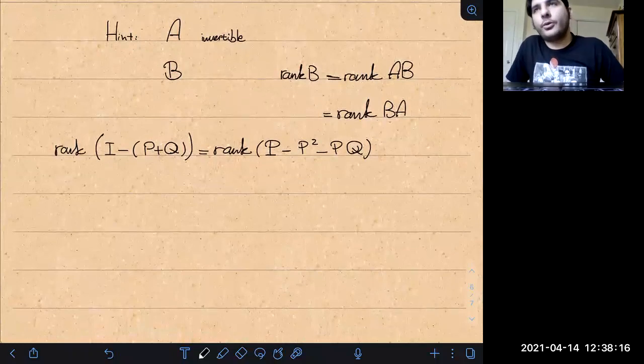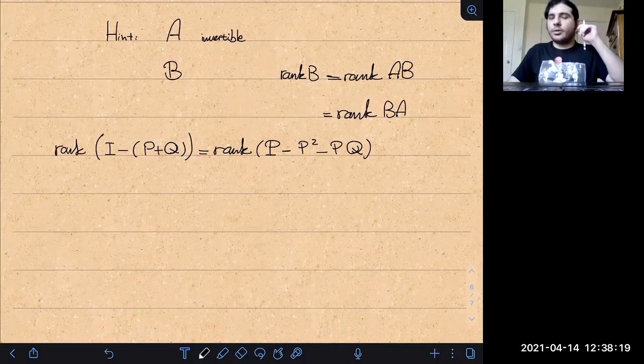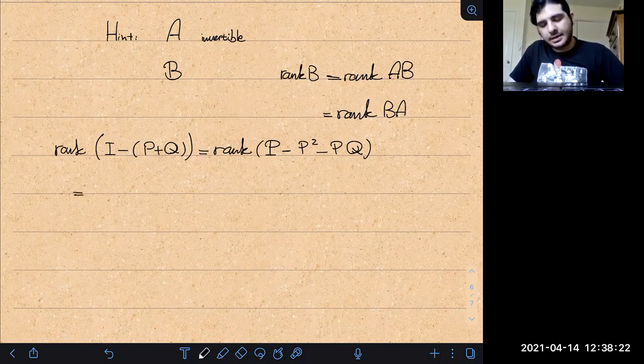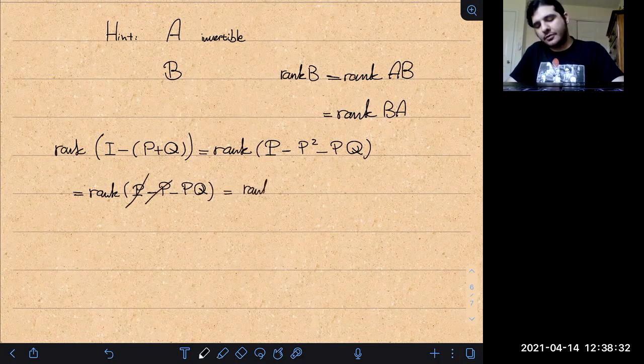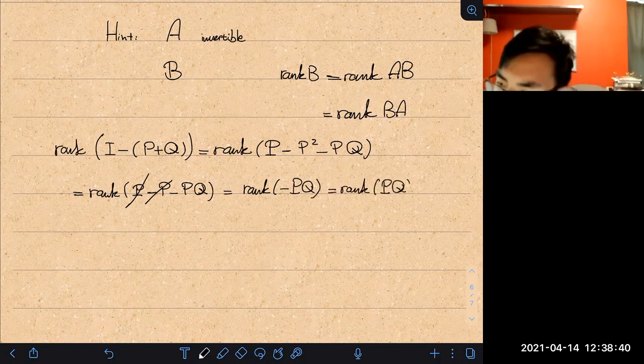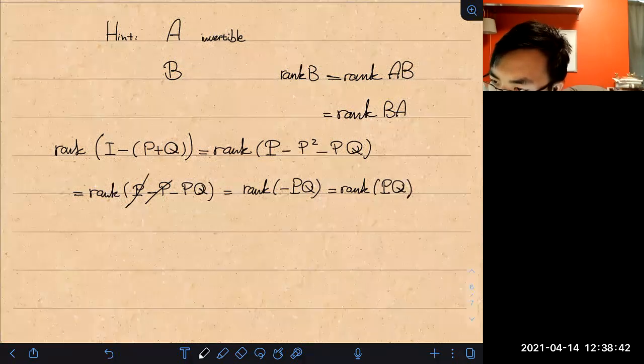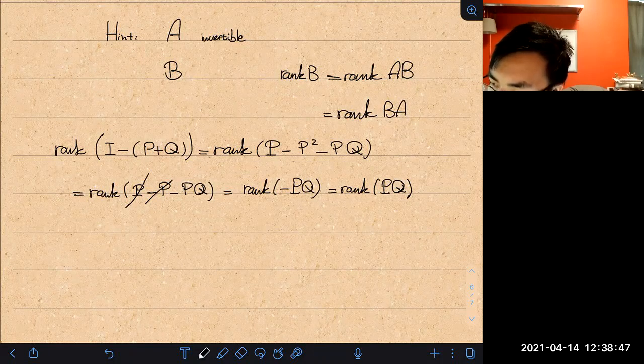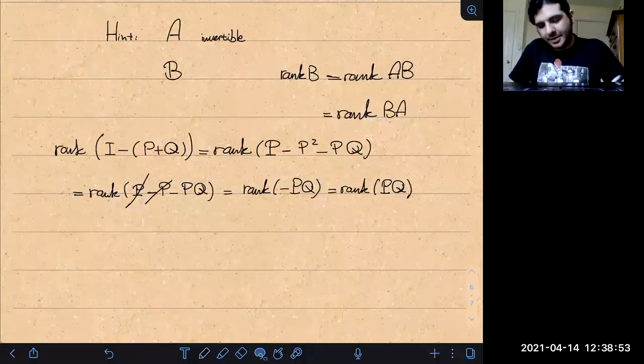On the other hand, the assumption is that P squared is equal to P. Wait, isn't the theorem that the rank of the not necessarily invertible matrix is the rank of the invertible times the not necessarily invertible? Yeah, that is correct. Sorry, I made a mistake.